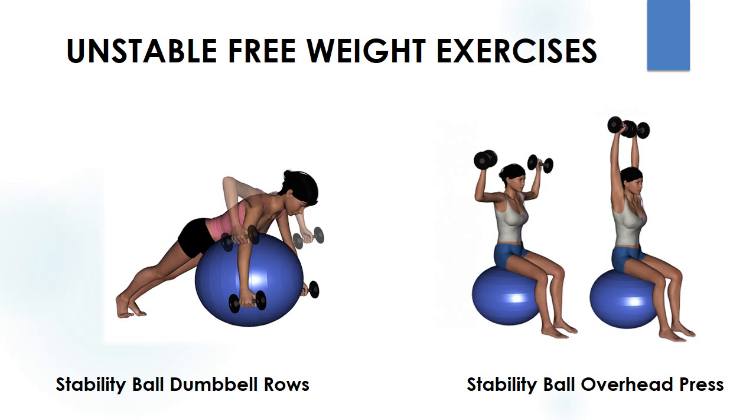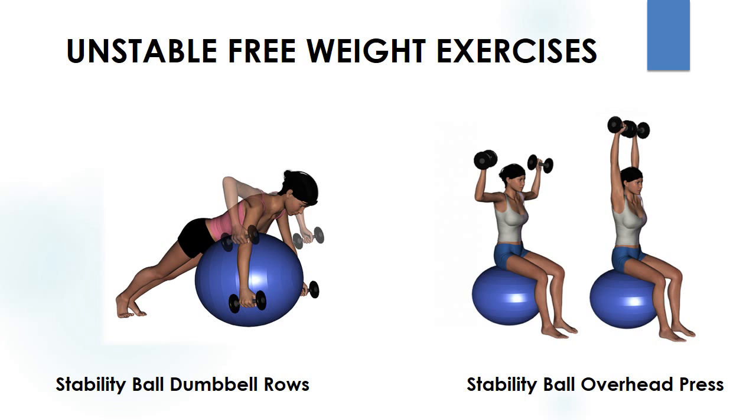And that instability, of course, is transmitted through the upper extremity, through the scapula, and through the entirety of the spine. So the dumbbell training is excellent for introducing instability and increased activation of the spinal and scapular stabilizing muscles. This will be important also when we get to discussion of the shoulder.